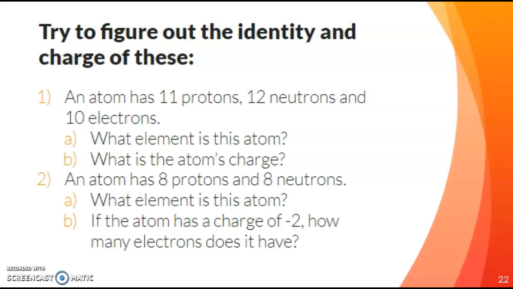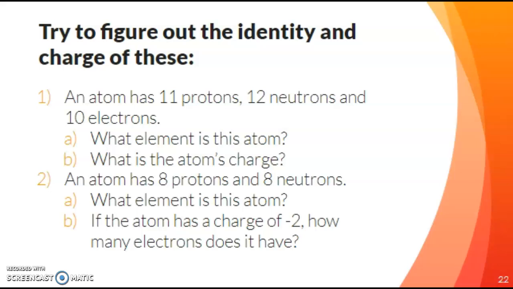Now we're going to try to figure out the charge. So we completely ignore the neutral neutrons. We have 11 protons and 10 electrons. So we have 11 positives and 10 negatives. 11 minus 10 is positive 1. So we have a charge of +1. Great. So one way to figure out the charge of an atom is protons minus electrons.